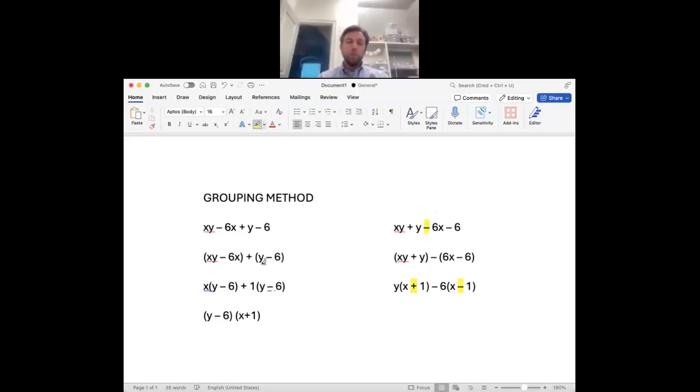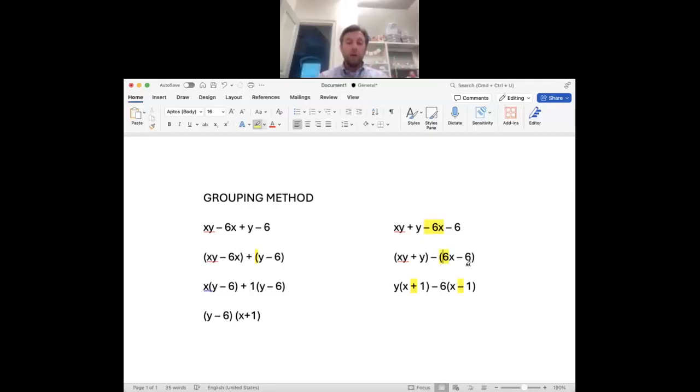Because look at what we do. When we put this parentheses in between the value and the sign, that's okay when it's a plus sign because it doesn't change the sign. But here, we were treating it as a minus 6x, and now all of a sudden it turned positive because we chopped off the negative.